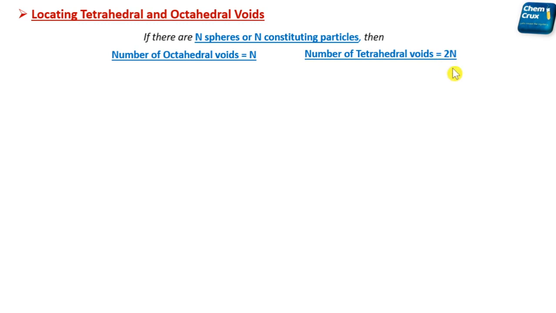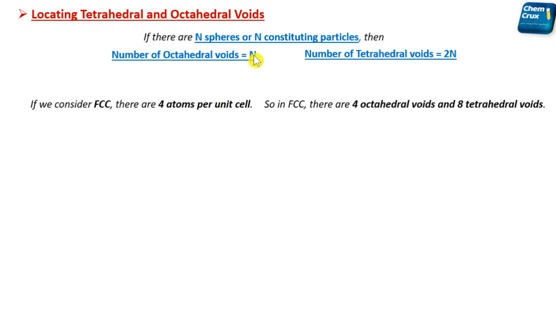So if we consider FCC, that is face centered cubic cell, we know they have 4 atoms per unit cell. So the number of octahedral voids would be equal to 4 and the number of tetrahedral voids would be equal to 2 into 4, that is equal to 8.